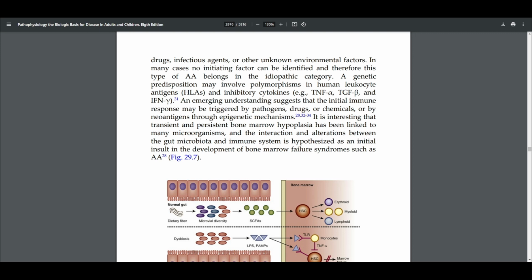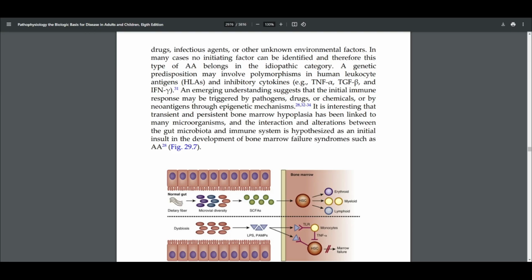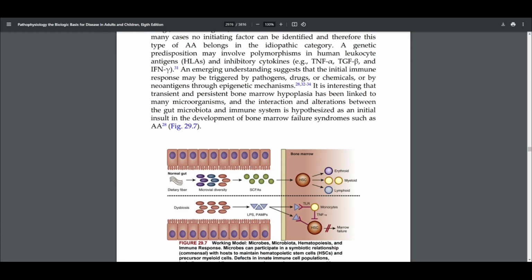An emerging understanding suggests that the initial immune response may be triggered by pathogens, drugs, or chemicals, or by neoantigens through epigenetic mechanisms.